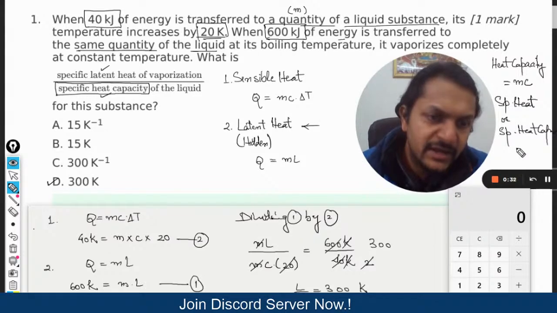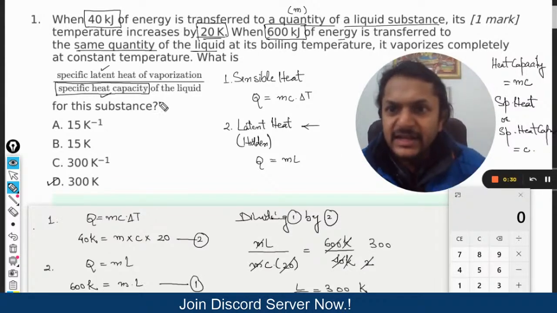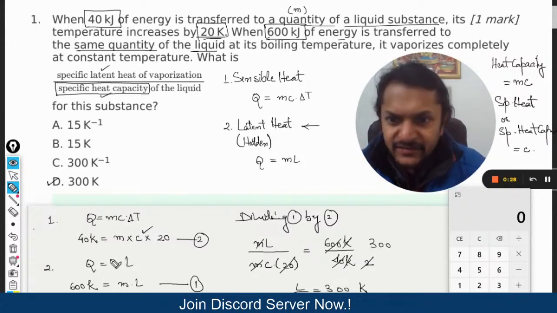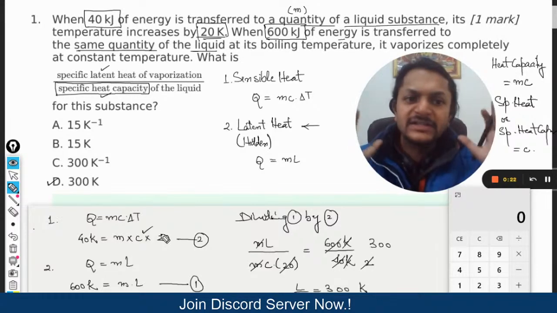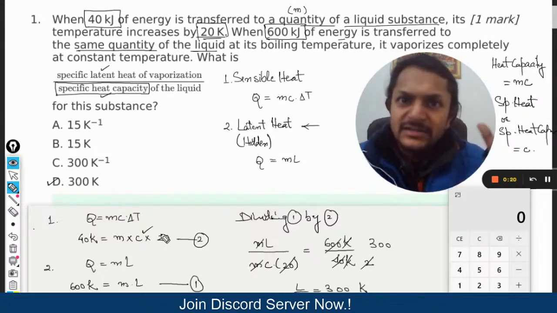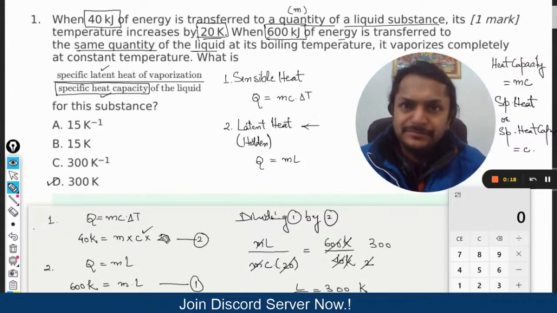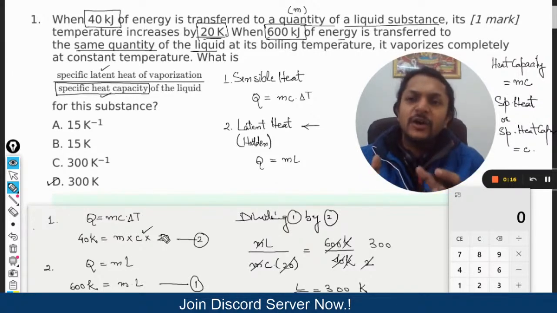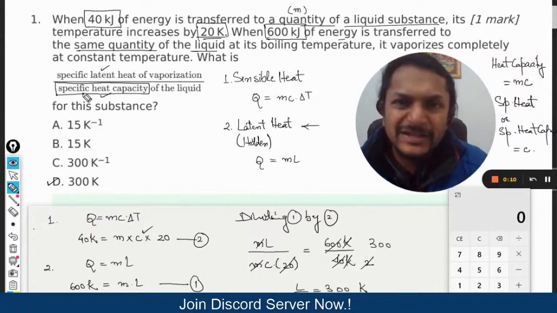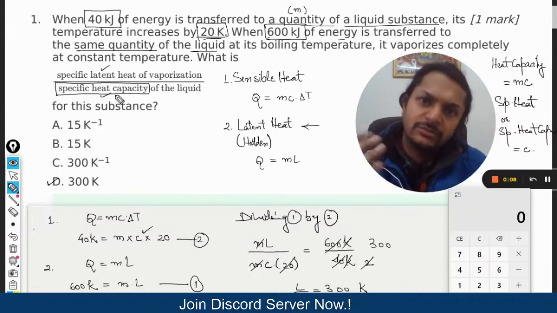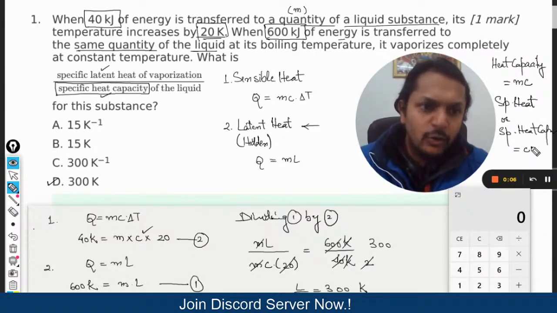Specific means that you are dividing something by mass. When you divide something by mass, you call it specific. It's not like every time we do that, but generally whenever we say specific, we divide the equation by mass. So we are only talking about c.